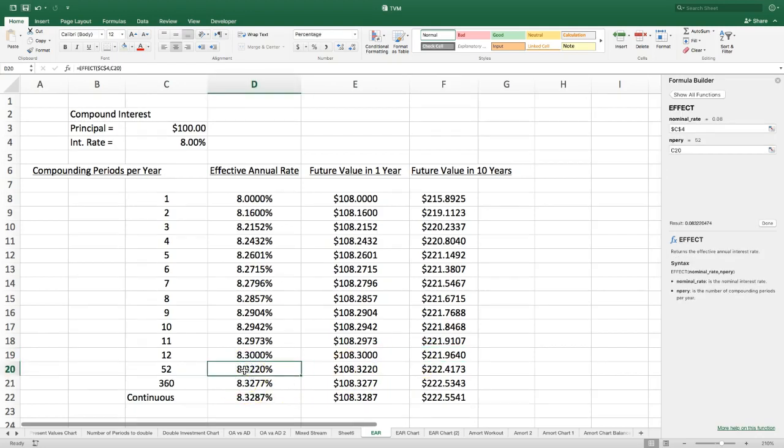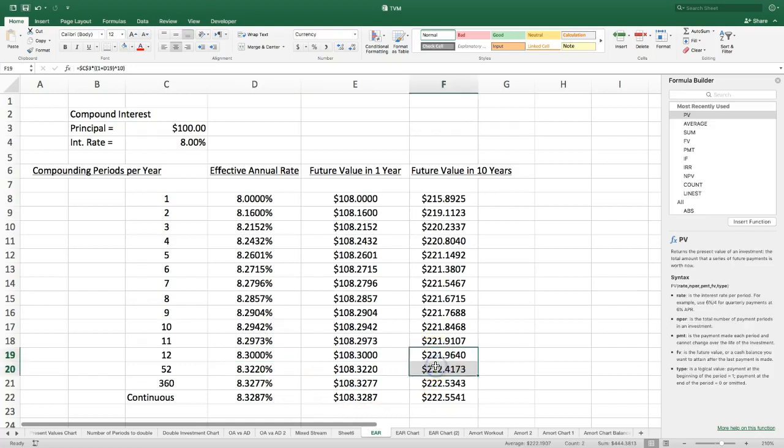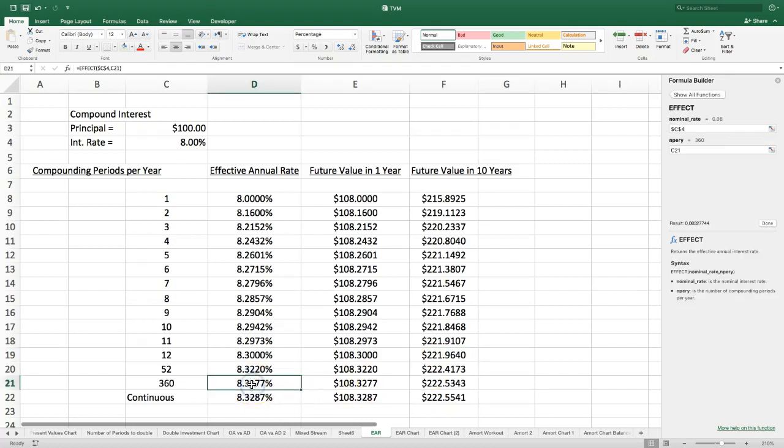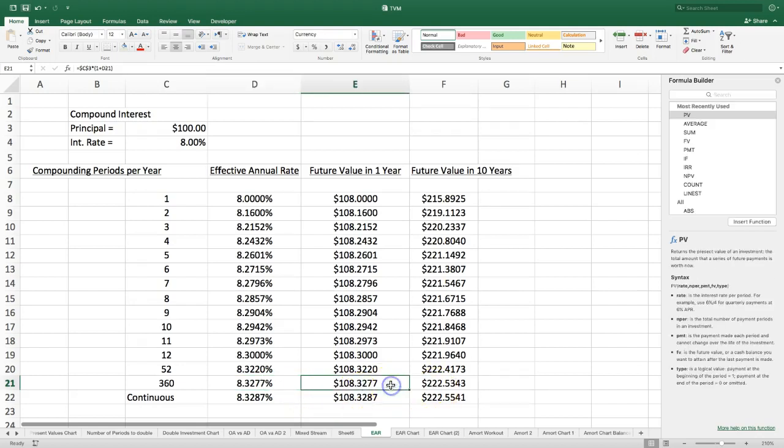We could also have weekly compounding, and notice going from monthly to weekly compounding, there's not much change in the effective annual rate, and there's not much change in the future value even after 10 years. If we had daily compounding, just assuming a 360-day year, the effective annual rate would only be 8.327%, and that future value after 1 year, I can't even tell the difference between daily and weekly compounding.